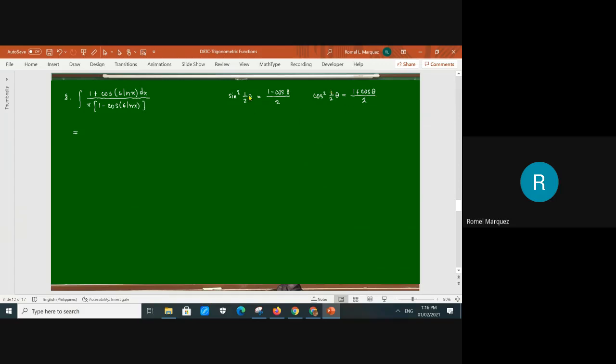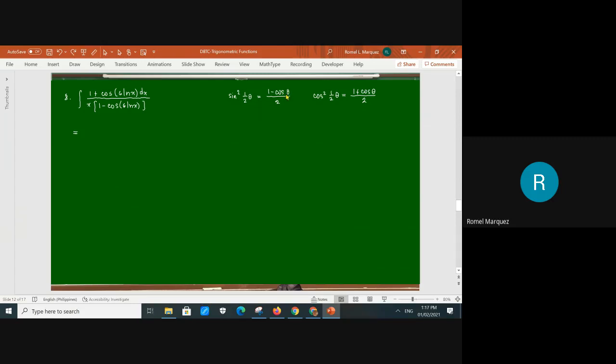So when I have 1/2 theta, here is theta. When theta, 2 theta. If it's 6 here, what is the coefficient of theta in sine squared or in cosine squared?